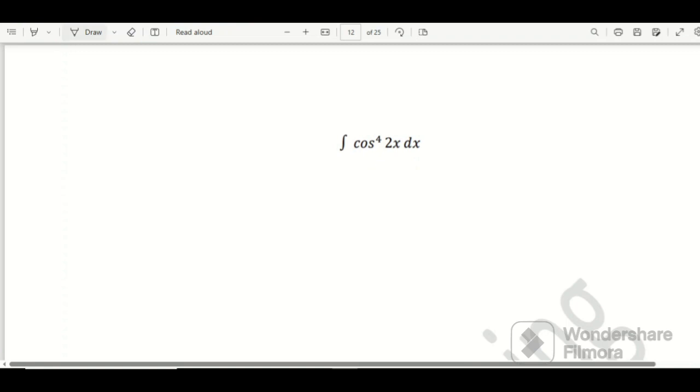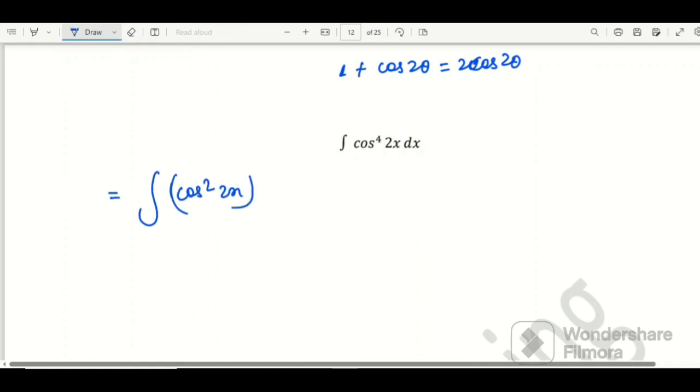Now 11th number we have cos to the power 4 2x. So here we'll apply 1 plus cos 2 theta equal to 2 cos square theta. But here we have cos square 2x, so I'll have to make theta also as 2 theta. At first, cos square 2x whole square.